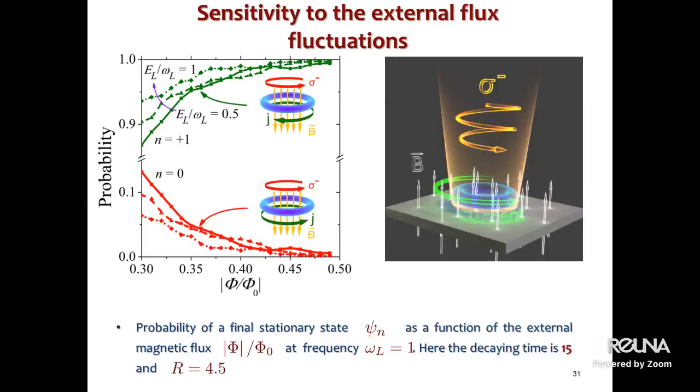It's clear that the probability of reaching the desired final state is already close to unity when the flux is larger than, let's say, 0.45. Numerical calculations show that 100% switching can be achieved at even lower magnetic field, but for that one needs to increase the switch-off times of the illumination pulse.